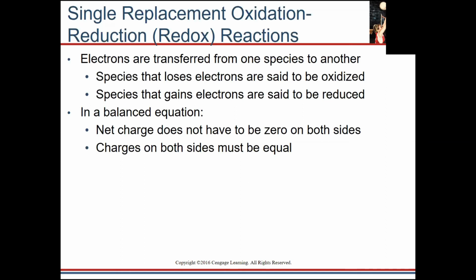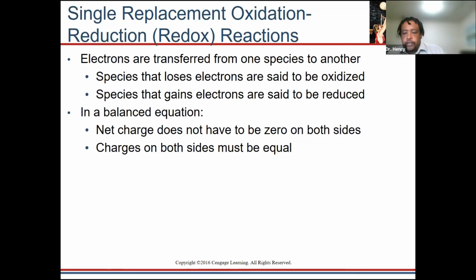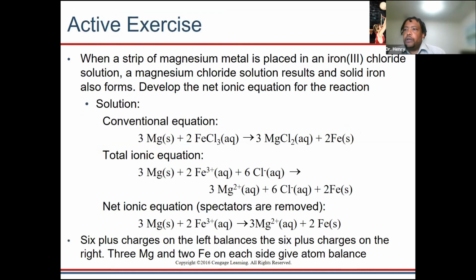Okay. So let's go back. We have this equation here where we have our total ionic equation, right? Now, if you look at this, the charge that's associated with the magnesium is 0. The charge that's associated with the magnesium ion is a +2.